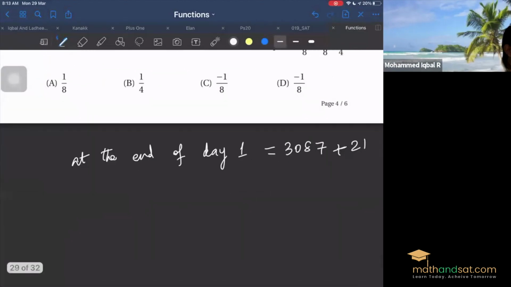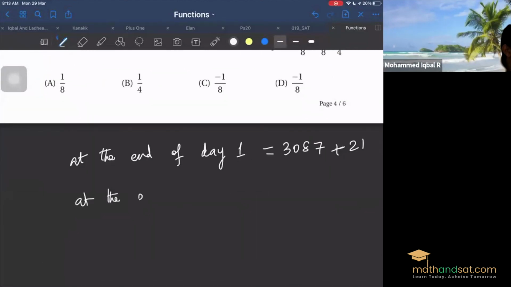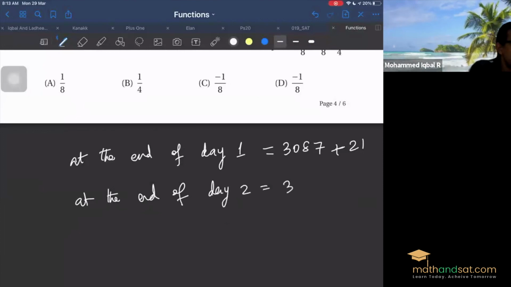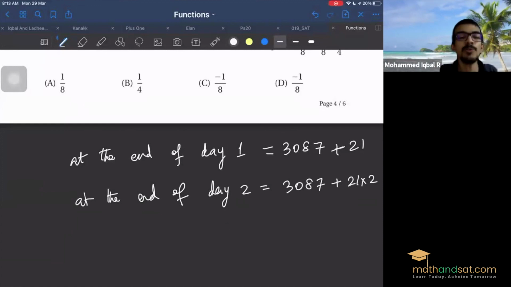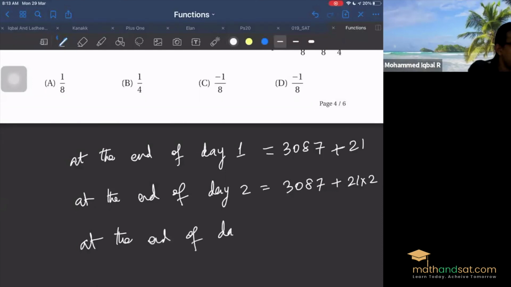At the end of day 2, it is going to be 3087 plus 21 times 2. Why? Because you're adding one more 21 to that. At the end of day 3, it is going to be 3087 plus 21 times 3.